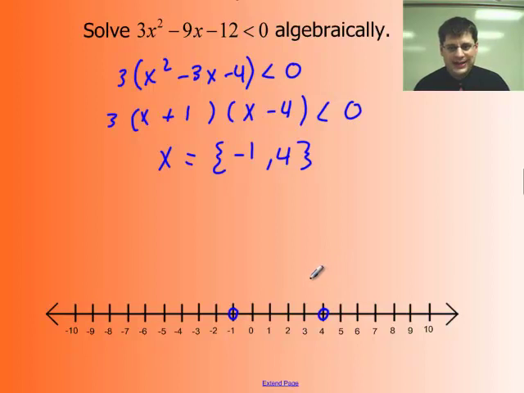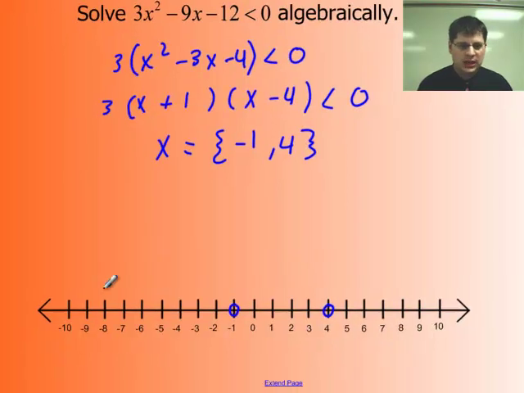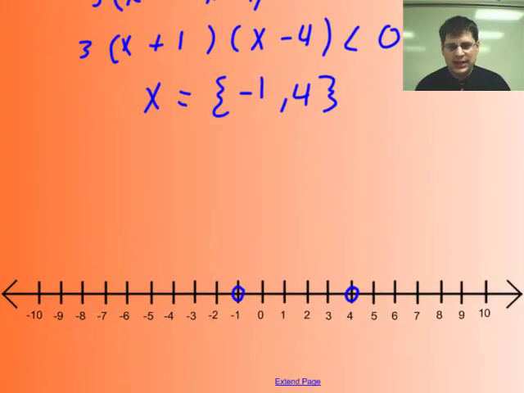And the way I'm going to do that is I'm going to take a point from each one of these regions and test it to see if I get a true statement. So let's say I'm going to take negative 2, then in between the two points something like 0, and then something to the right of them, maybe 5 or 10.